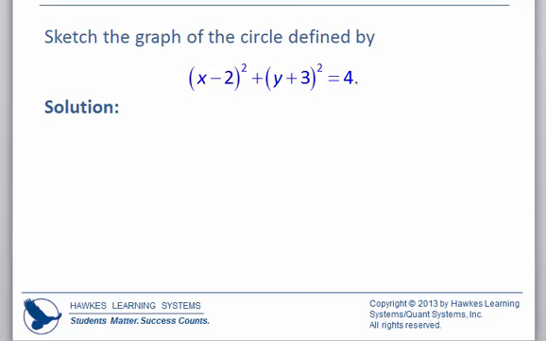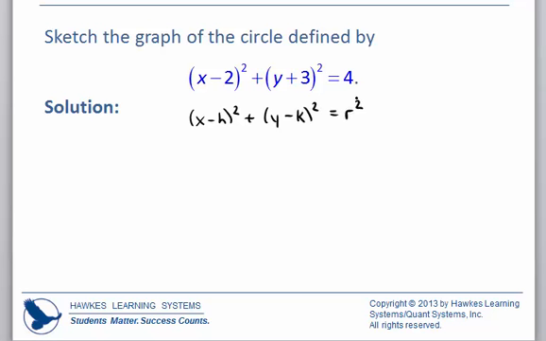So recall the definition and the standard form of an equation of a circle looks like (x − h)² + (y − k)² = r².